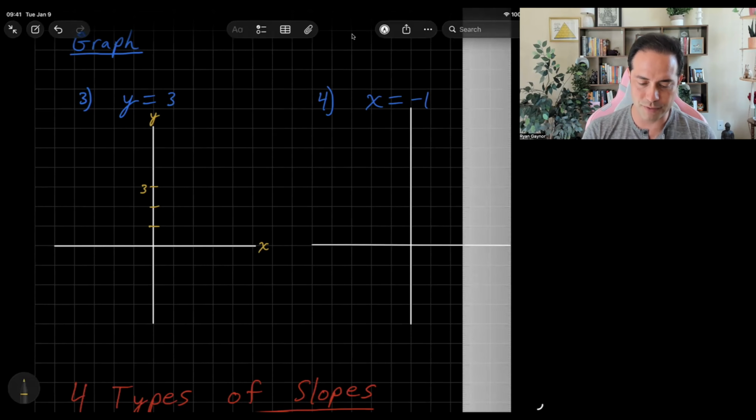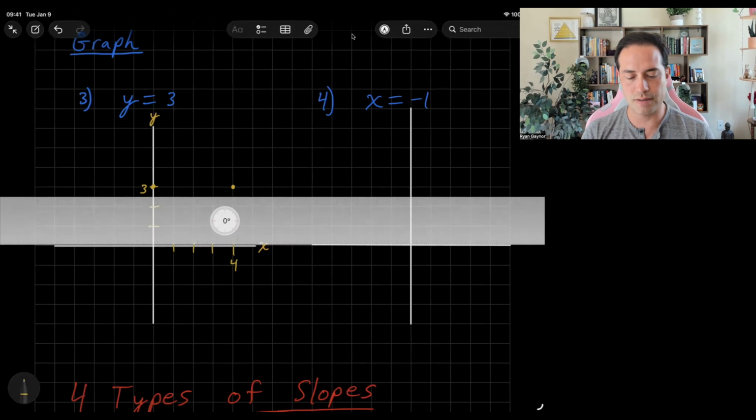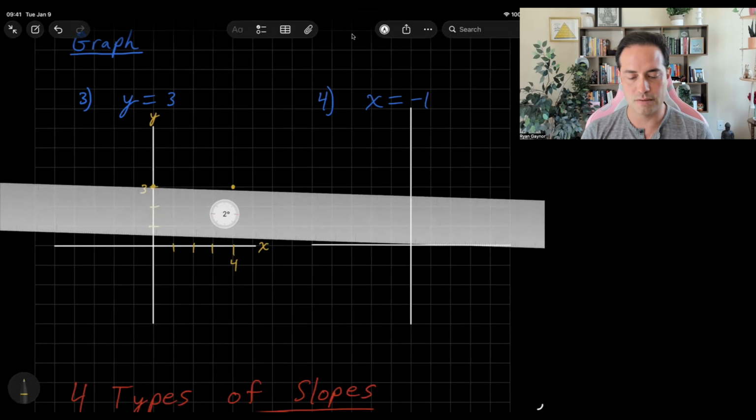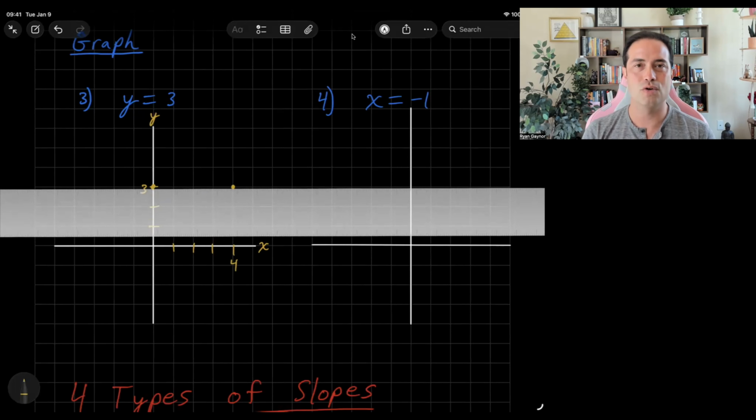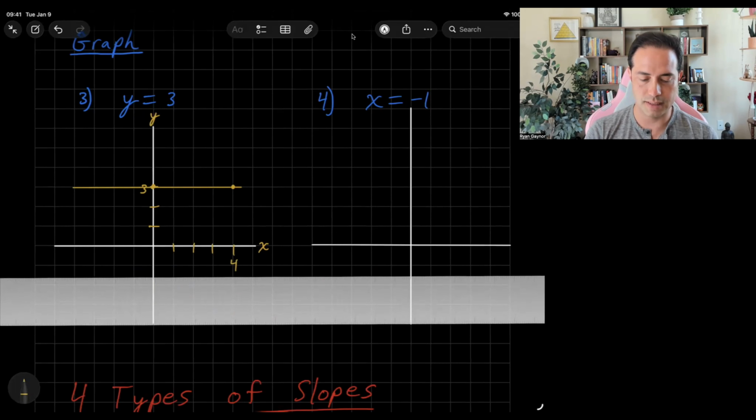So I can put my first point right there, and then all I have to do is just go over a few points, doesn't really matter, and then go up to 3 again. So do you see how both of those places y is equal to 3? So I am following exactly what they asked. Now I connect it and I get this.